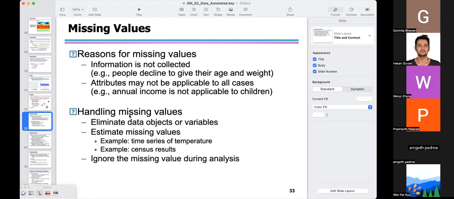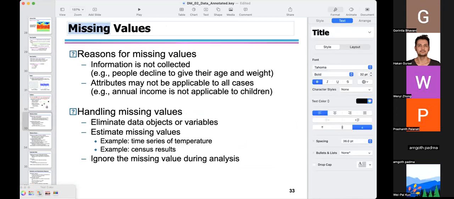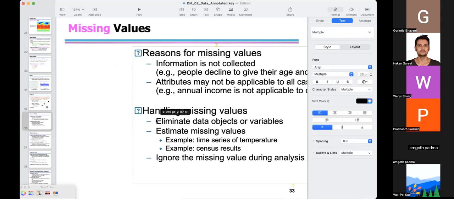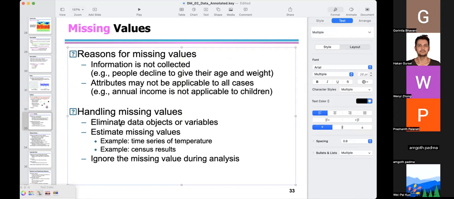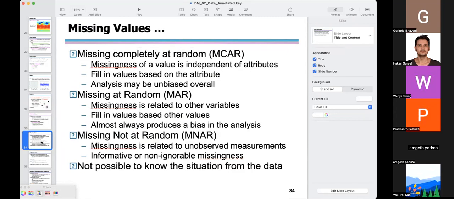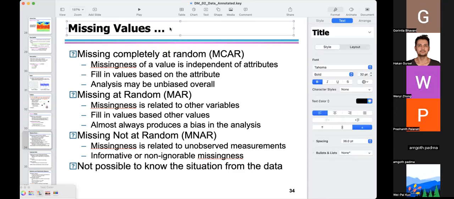Okay, like we said about the missing values, they can be handled by eliminating those objects altogether. That is, we will not consider them at all, or we could try to estimate or fill in those missing values, and there are different algorithms that can do this. So those are algorithms that would be imputing the missing values.